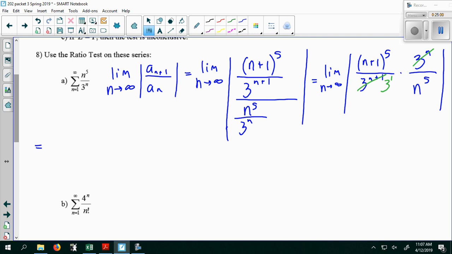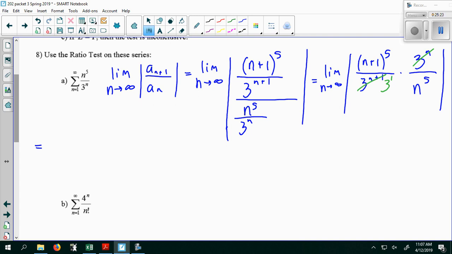I could multiply it all out. That's n plus 1 times n plus 1 times n plus 1 times n plus 1 times n plus 1. What is the highest power of n going to be if I multiply this all out? Yeah, 5. This will be n to the fifth.